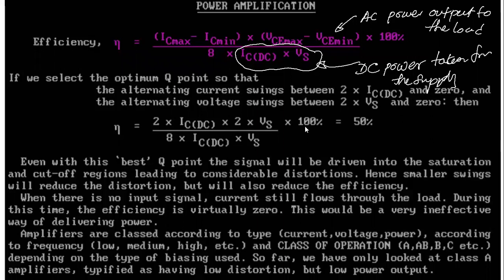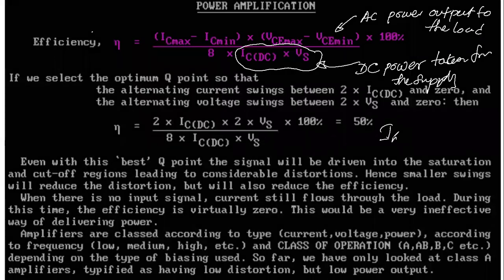And then if you solve this equation, as you know, this IC max is almost equal to 2 times IC. IC means the current at the Q point, the IC current at the operating point.